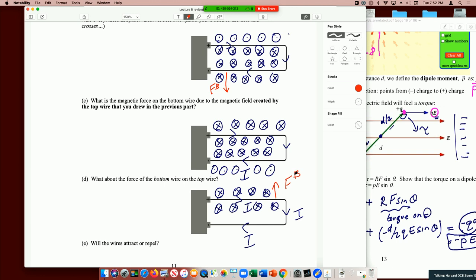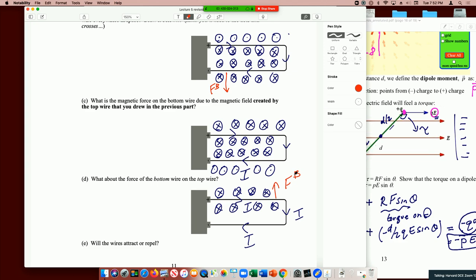So the magnetic force has to be pointing up. Does everyone see it? Okay, so the combined effect, therefore, would be what? If we were to turn this truck battery on, what would you expect to happen to the two segments of the wire? They would jump apart, right? Because both forces are acting sort of outwards.